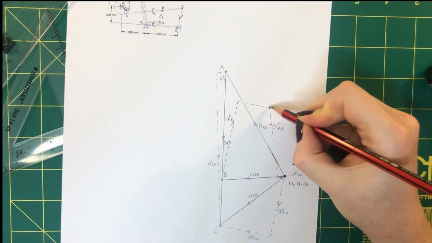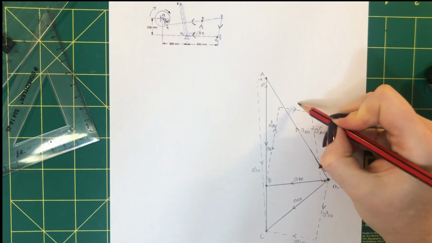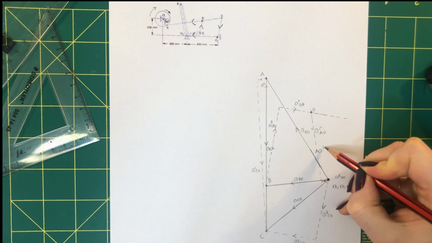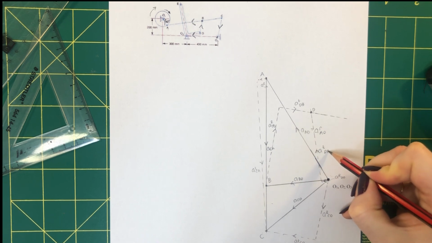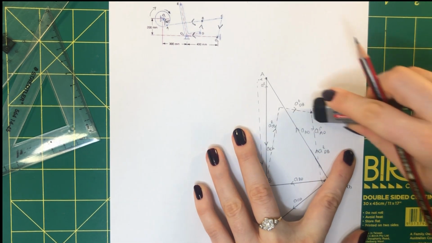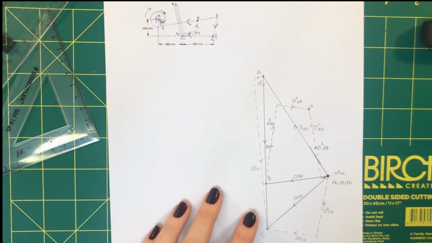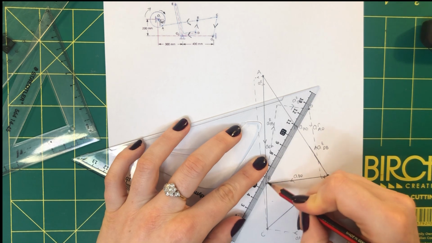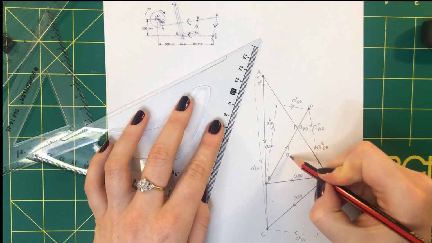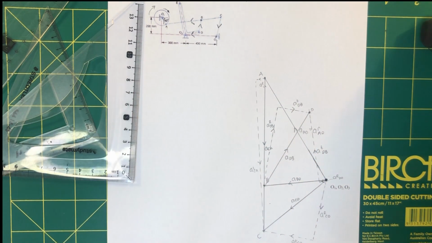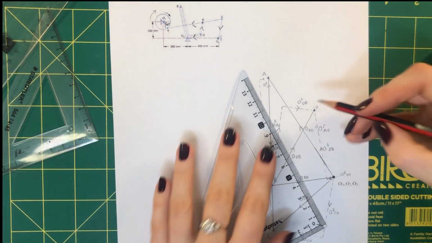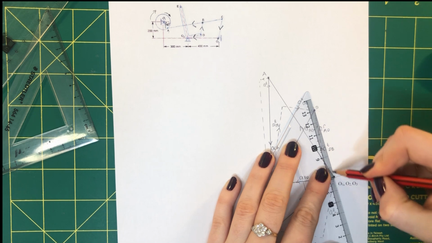So here is point D. I'm going to label my lines with arrows, clean up the diagram, draw in my total acceleration, so acceleration DB, and my total acceleration of D.